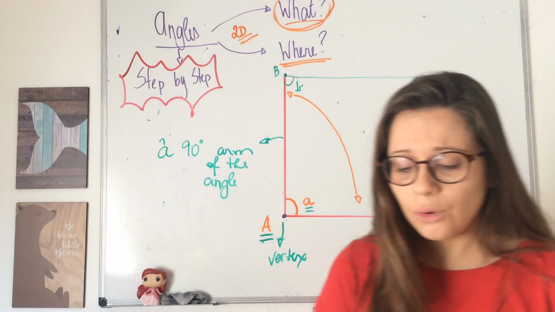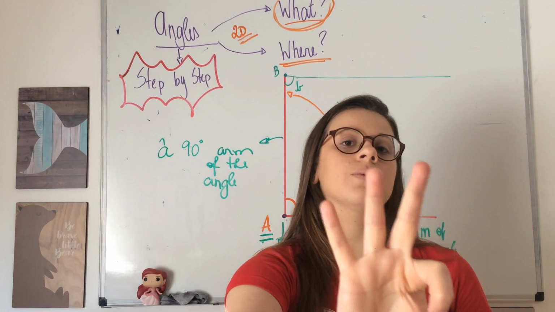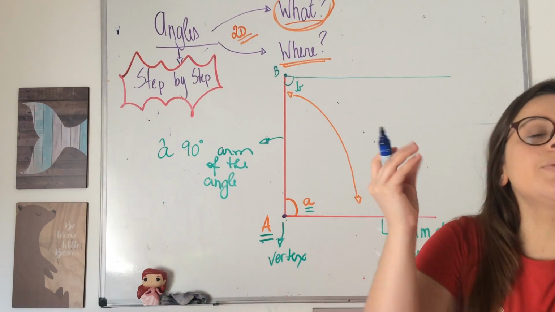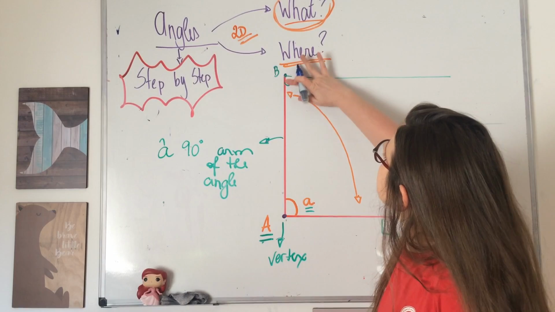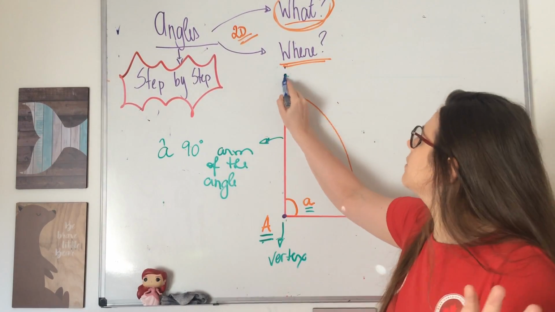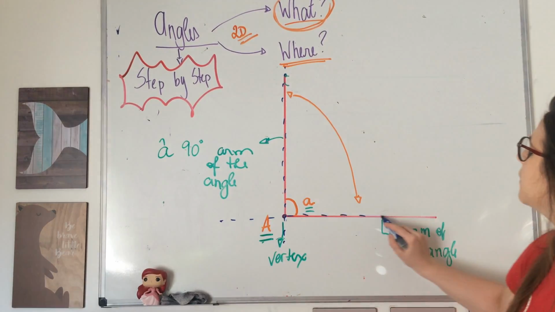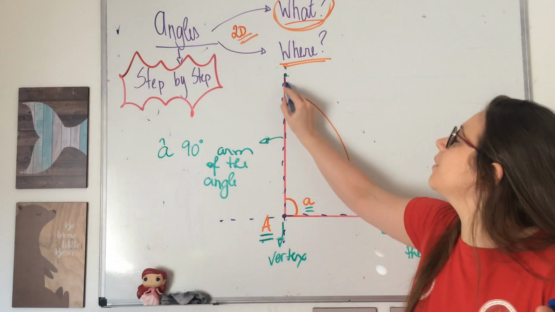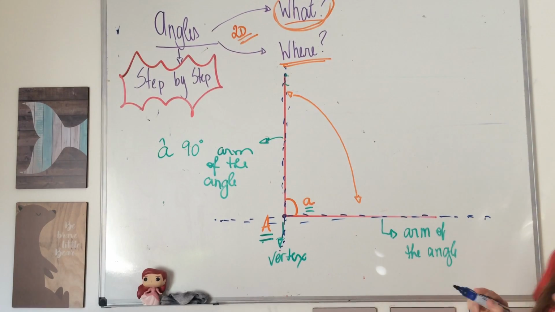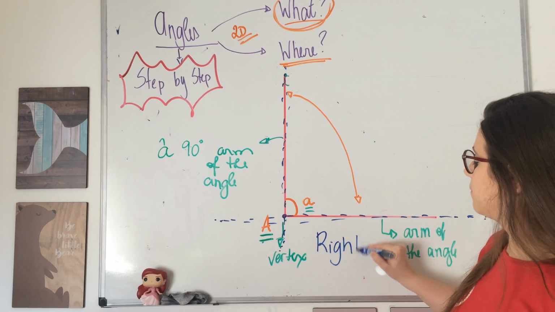We talked about training our eyes to find the three kinds of angles that we have. The angles that are perfectly vertical and perfectly horizontal are called right angles.